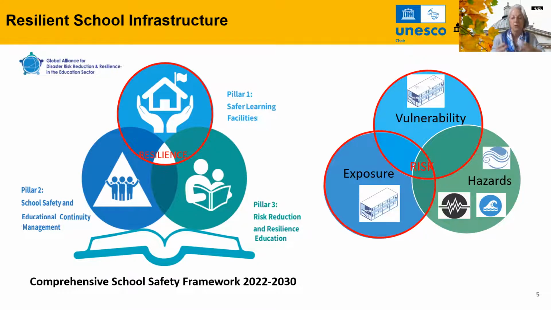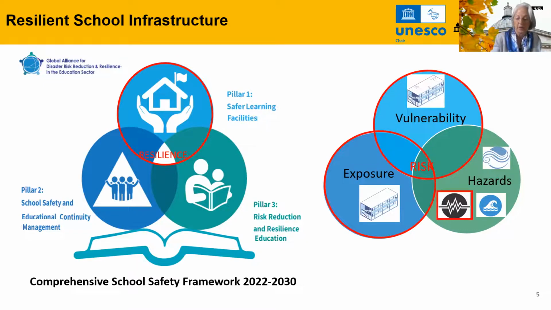From the risk we have identified, we can understand where, through improving safe learning, having risk reduction and resilience education, and improving school safety and educational continuity, we arrive at resilience in the education system, not just in the buildings that we deliver.